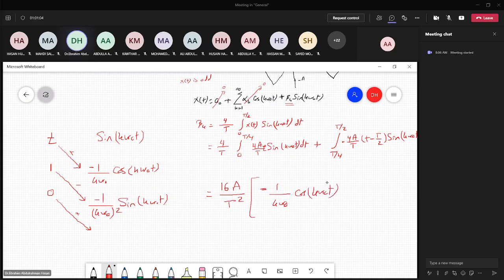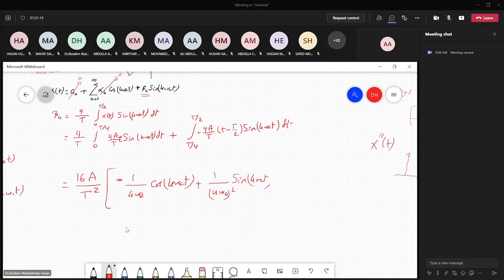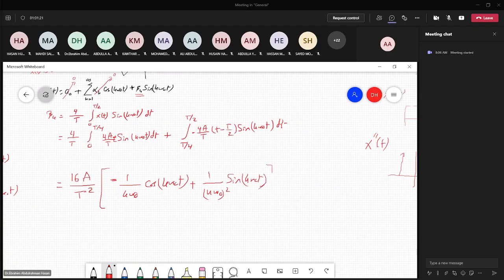This is the first one. And second becomes plus 1 over k omega naught all squared sine k omega naught t. Okay, from 0 to T over 4.